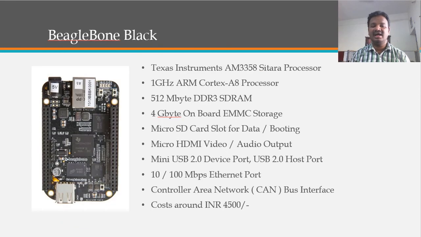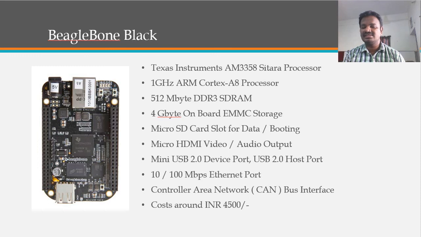And here we have the BeagleBone Black, which is based on the Texas Instruments AM3358 Sitara processor, a 1 GHz ARM Cortex-A8 processor with 512 MB of DDR3 SDRAM. It has 4 GB of onboard eMMC storage, and a micro SD card for data and booting.